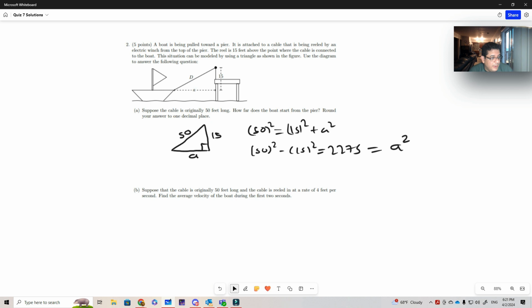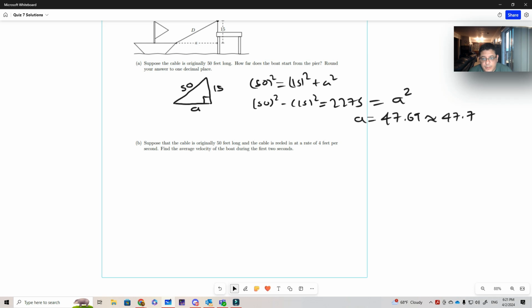So if I take the square root of 2,275, then that's going to give me that A is 47.69, or I can approximate this as 47.7, and that's going to give me the initial distance of the boat.